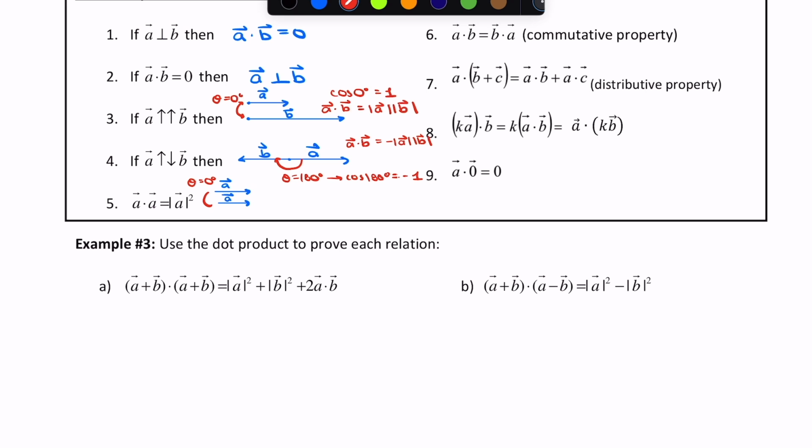And so therefore, when we have vector A dot vector A, it's equal to the magnitude of vector A times the magnitude of vector A times 1, which is equal to the magnitude of vector A squared.